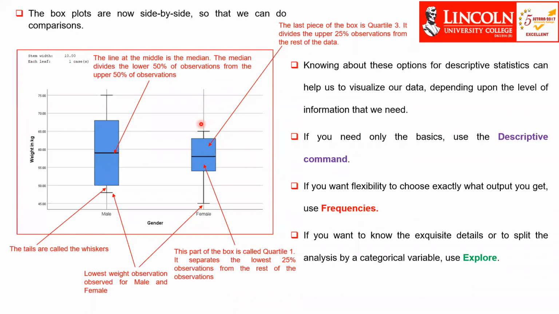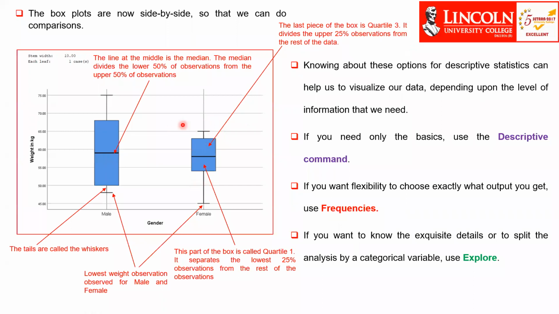But if it's extremely below other values, it will come somewhere here, as dots. Now, the box plots are side by side so that we can do some comparison to the analysis we just did. So this is an example of a box plot, and knowing about these options for descriptive statistics can help us to visualize our data depending upon the level of information that we need.